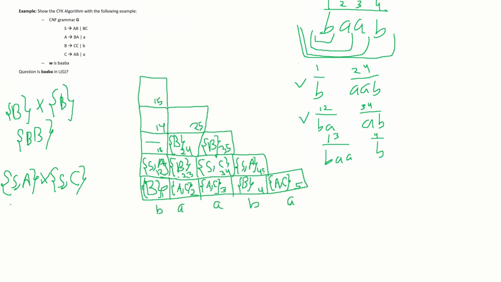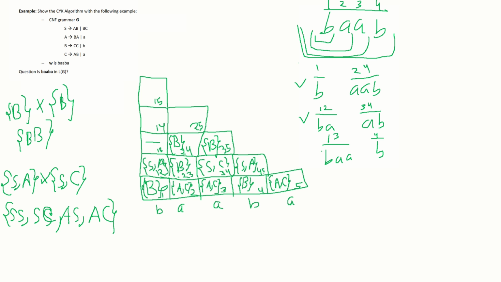So if we cross product we can get SS, SC, sorry, this is SC, then AS and AC, right?